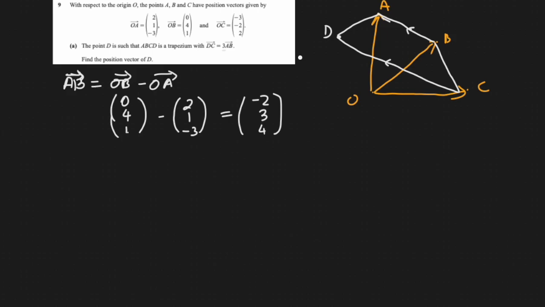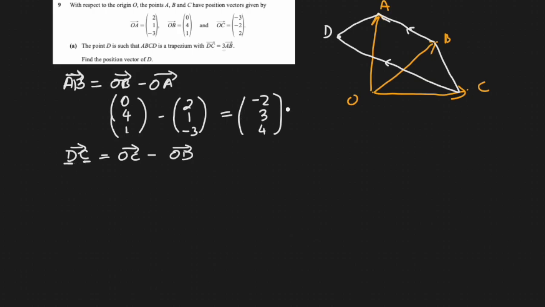Now, DC: that means head is at C, tail is at D. Okay, so DC will be OC minus OD. And OD is what they are asking. Yeah, find the position vector of D, which is OD. This is what they are asking. That means first we will say DC.